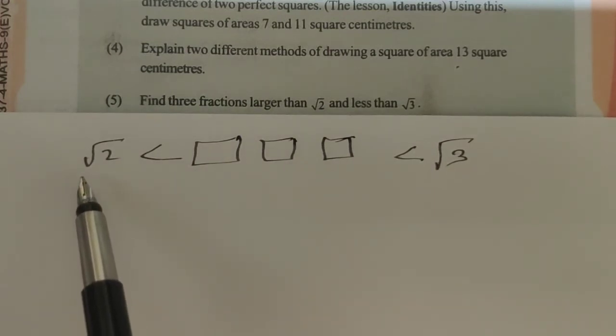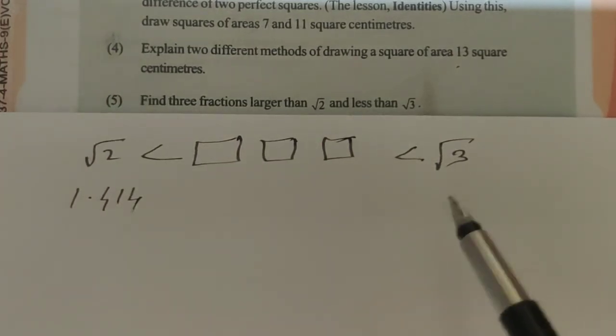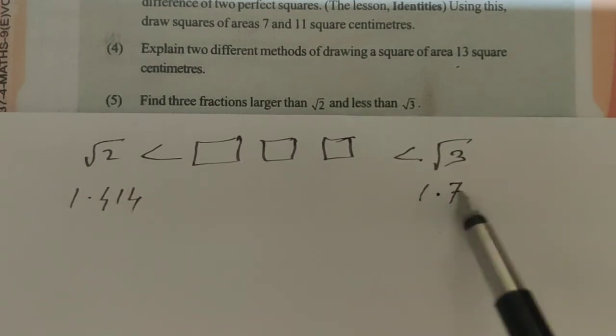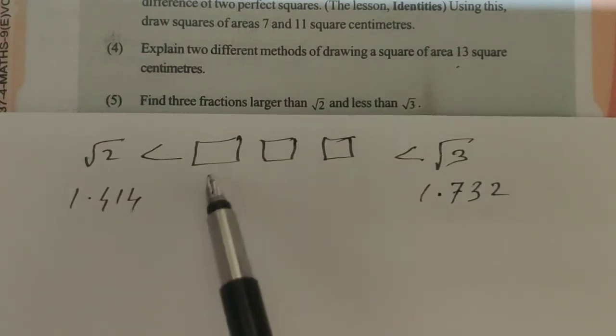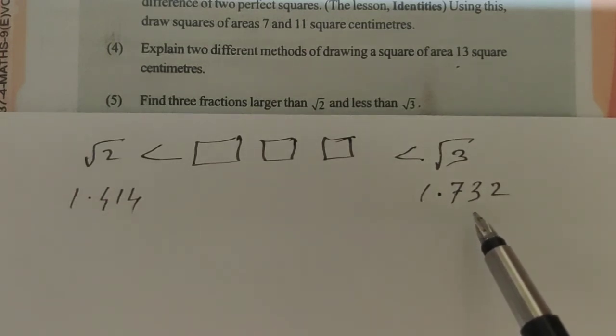You know the value of root 2 is equal to 1.414. And what is the value of root 3? Root 3, you know, is 1.732. Then we can simply write 3 decimal expressions between root 2 and root 3, or between 1.414 and 1.732.